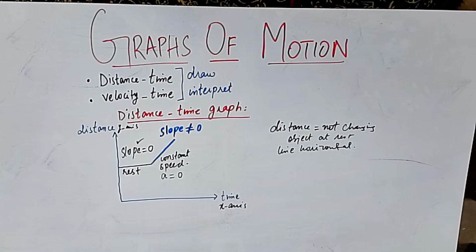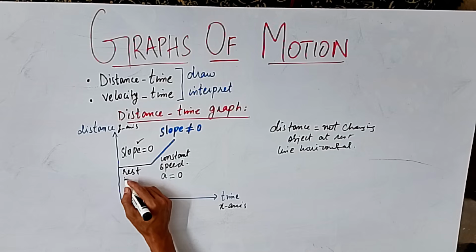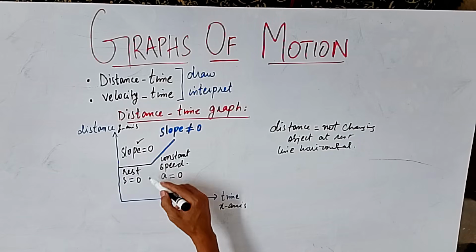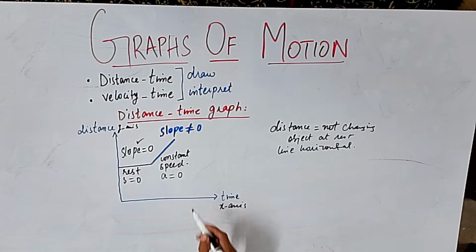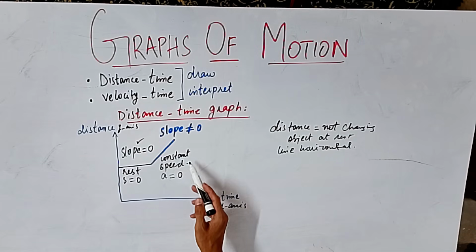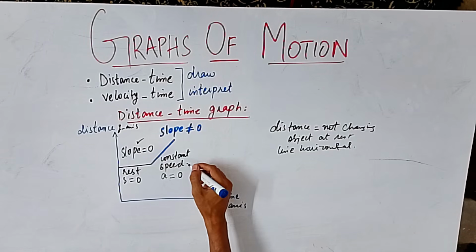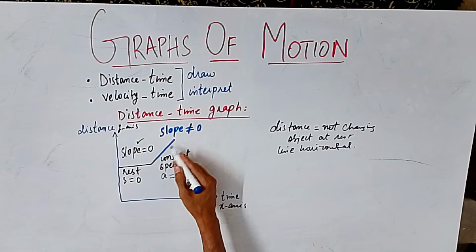Whenever in a distance time graph you see a horizontal line, it means that the object is at rest, so the speed or velocity is 0. And whenever you have a sloped line, it means that the object's speed is constant and the acceleration is 0. Now distance is changing. One more thing here is that it can be not only constant speed but also increasing speed.